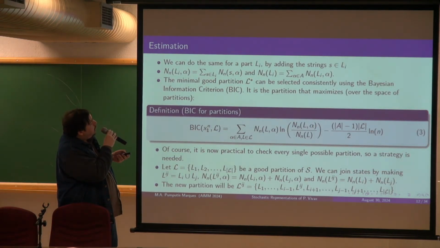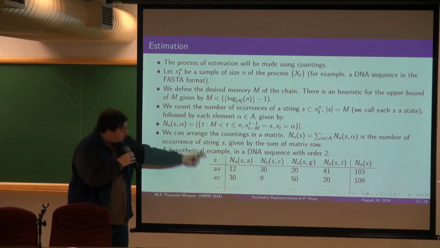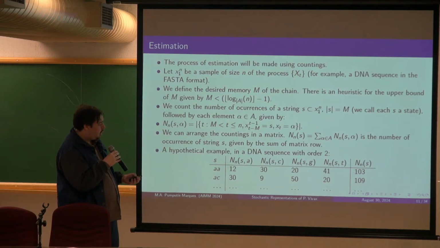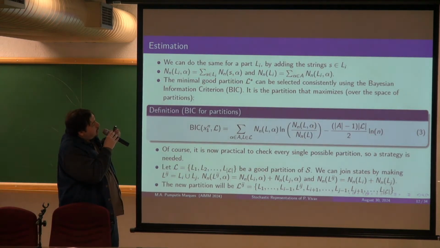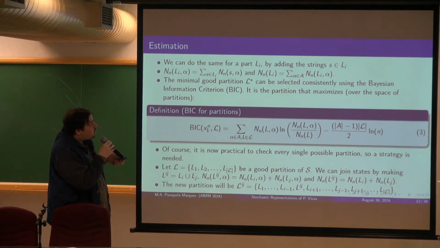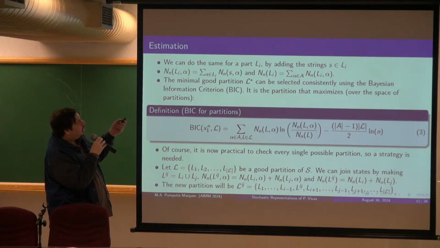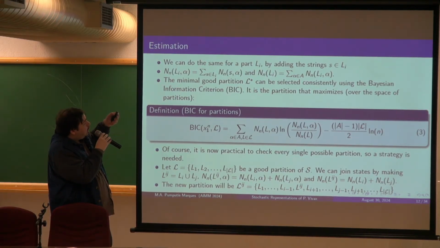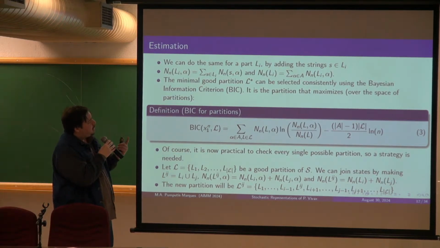We can do the same for a part, right? So first we had the strings, which are, let's say, non-grouped, and now we can group things in parts, right? And to group things in parts, we only have to add their countings, right? So the minimal good partition can be selected consistently using the BIC, the Bayesian information criterion.